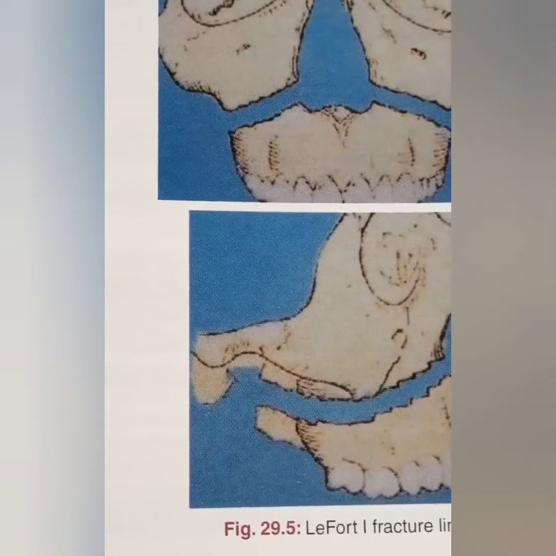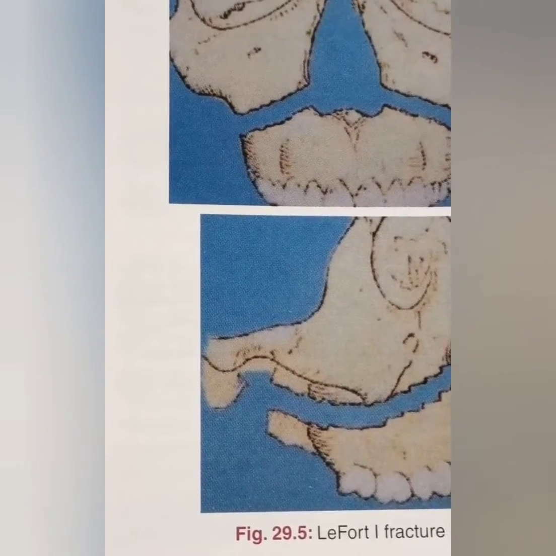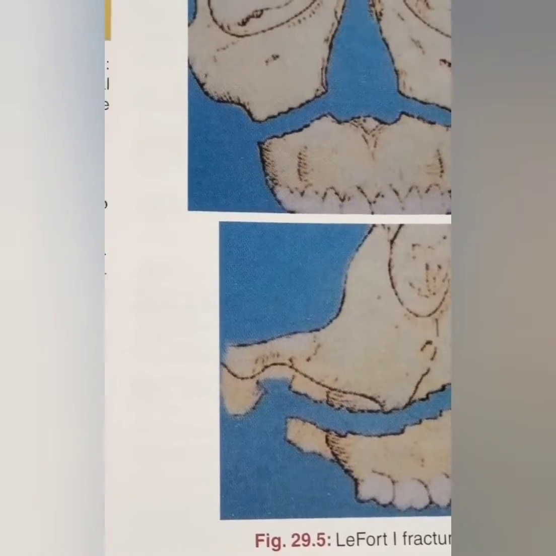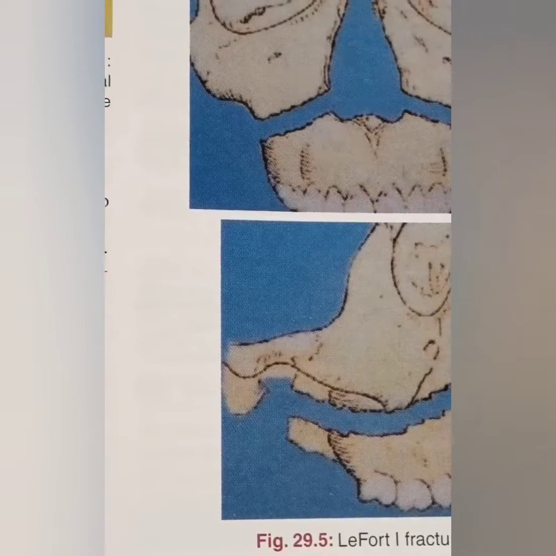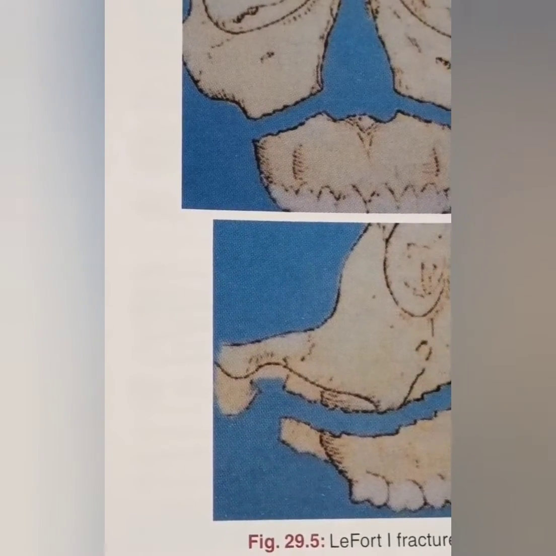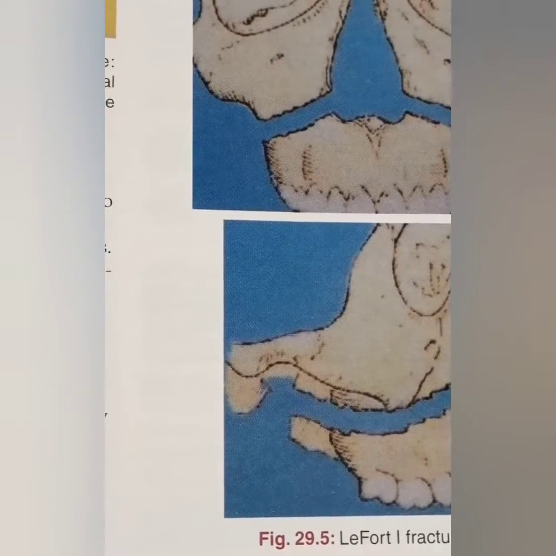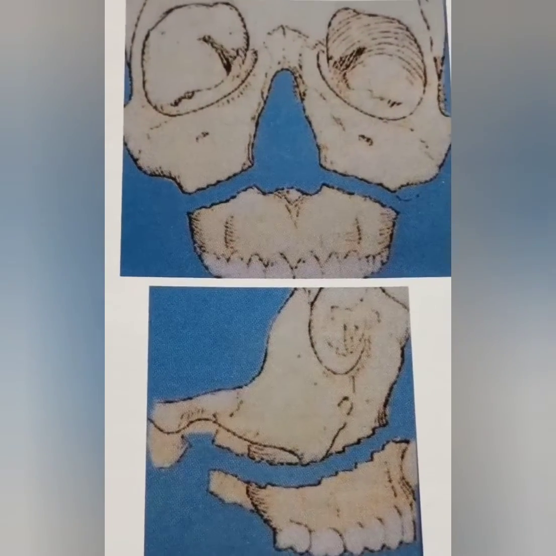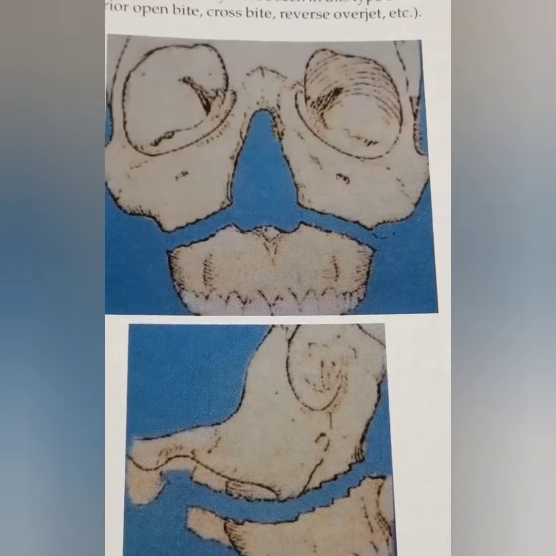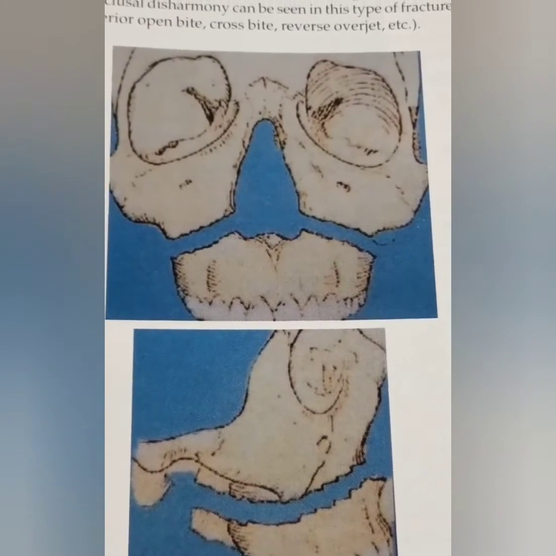It involves the lower third of the septum, palate, alveolar process of the maxilla, and also the lower third of the pterygoid plate of the sphenoid bone.